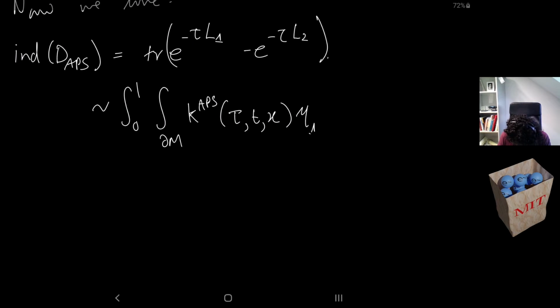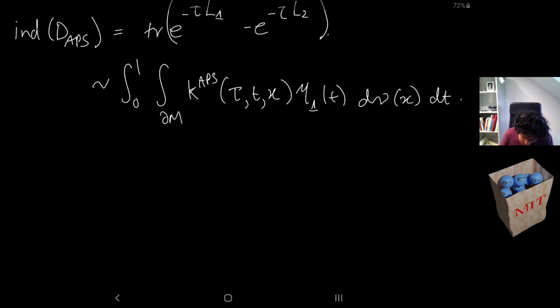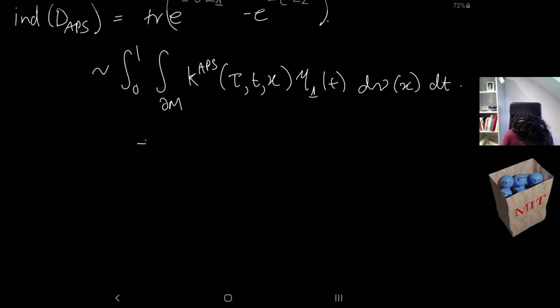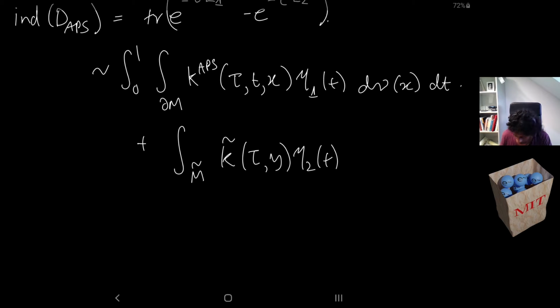E to 1 of t, d mu x dt. So that's my measure. And now I have this integral, the integral on M tilde of the K tilde of t, y, eta 2 of t, d mu tilde of y.